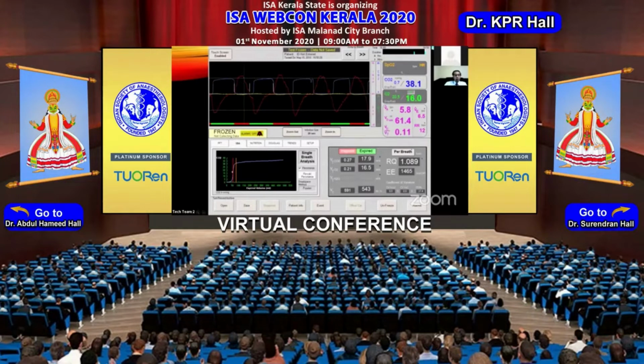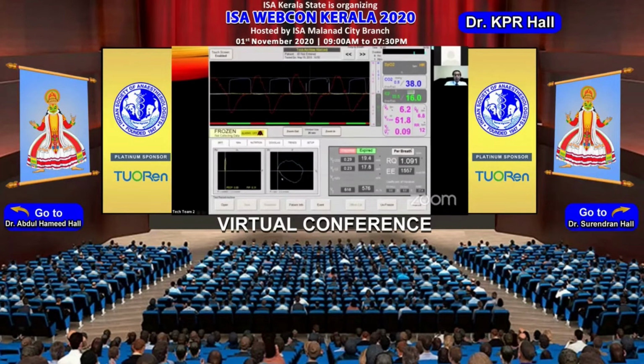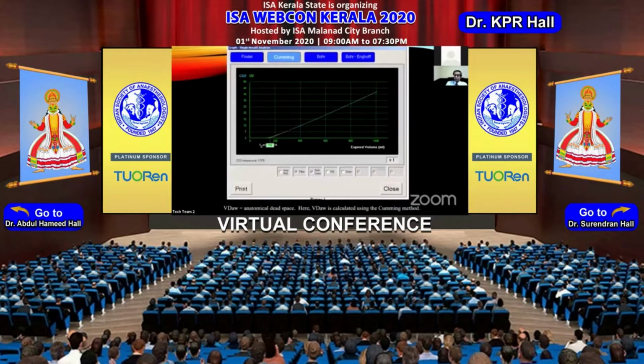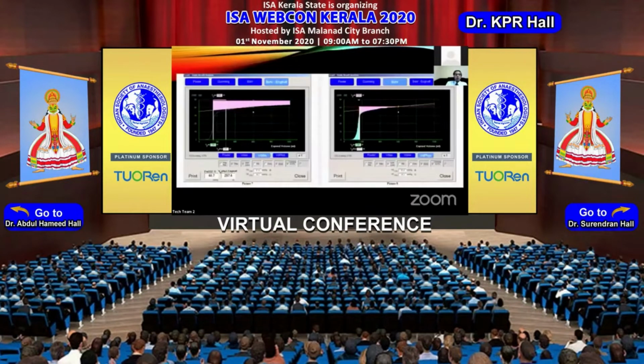It also plots the CO2 concentration against expired volume, giving you the volume capnogram. So we have a time capnogram and a volume capnogram with all its components of physiological dead space, and it also gives you the flow volume loops at the same time. It gives you additional information about the Fowler's dead space, the Cummings dead space, and also the Bohr's dead space and Enghoff's modification of Bohr's dead space.